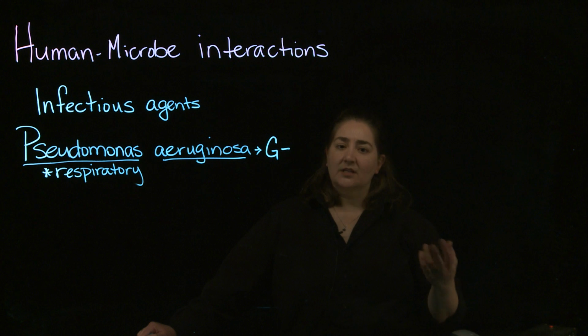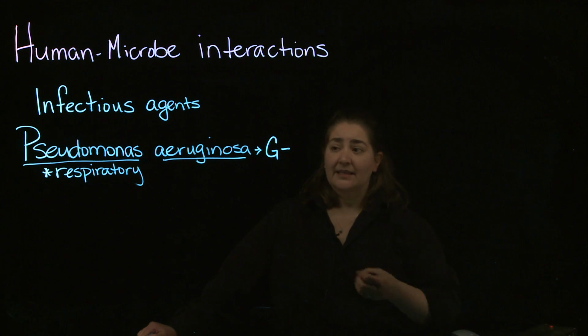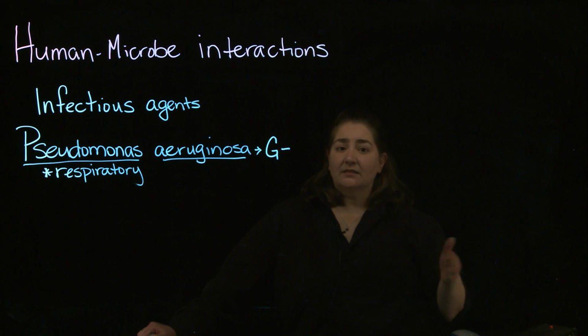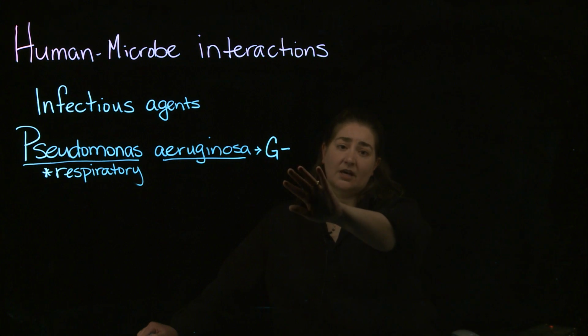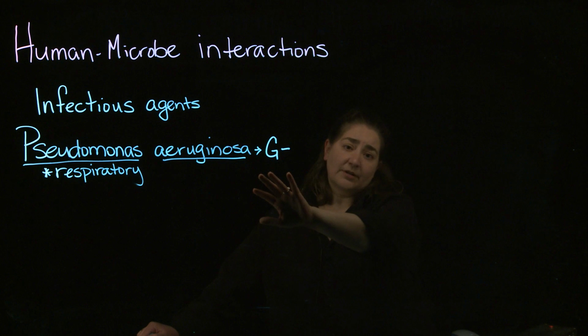You'll see this towards the end of micro lab when we do some testing of different antibiotics, and it's going to be a little bit scary what you're going to see as far as antibiotics and Pseudomonas. That's why the doctor or the nurse practitioner or the nurse wants to know what color your snot is, because that can give a potential indication of what infection there is.